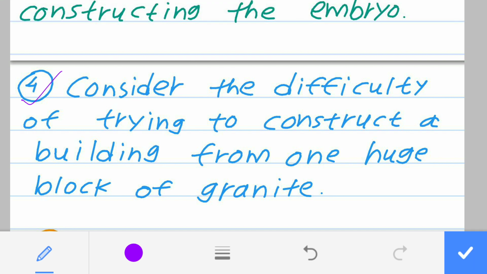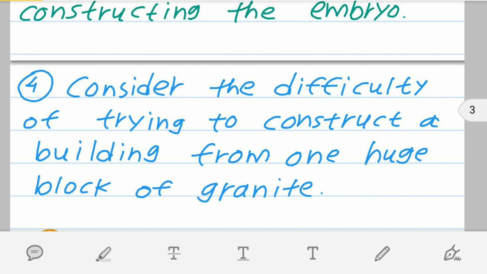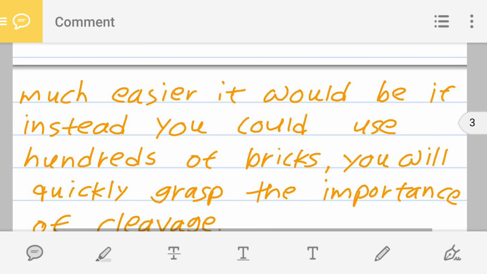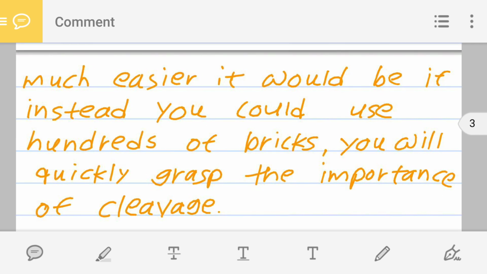Imagine we want to construct a building, and it will be very difficult if we try to build it with a huge block of granite. So we cannot construct a building with a single block of granite.